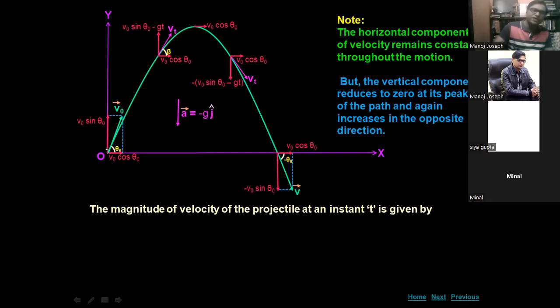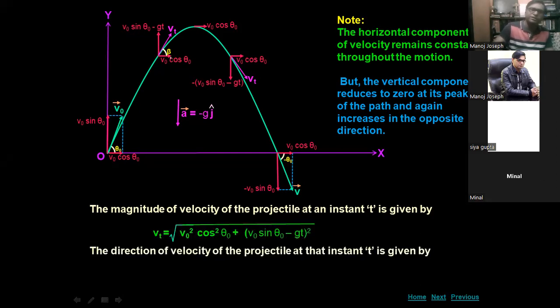As the object moves and reaches the highest point of its motion, its velocity decreases because of the negative acceleration. At any point, velocity has two components. V naught cos theta, the horizontal component of the velocity, remains the same. It was the same at the projection, at this point, and at this point.